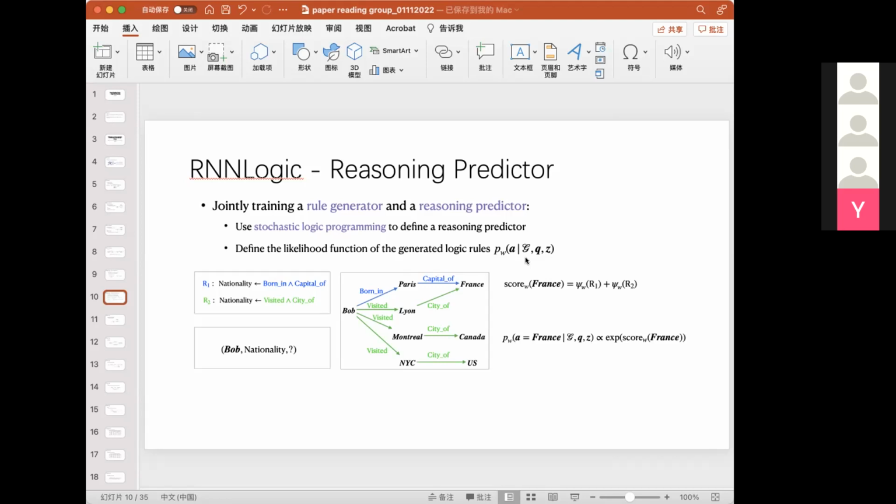Another question I have is that in this particular example, each path is a separate path, so there's no sharing of edges. But in reality, especially with multi-hop relations, two paths may share edges.